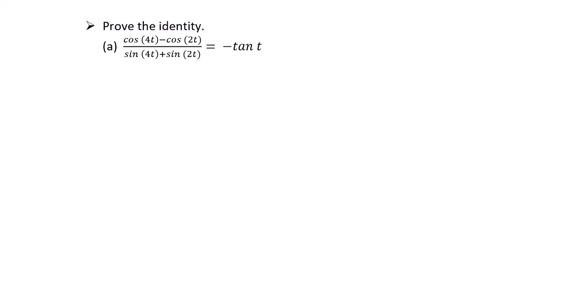Prove the identity. Cosine of 4t minus cosine 2t, all divided by the sine of 4t plus the sine of 2t, equals a negative tangent t. Certainly the left side is more complicated, so we'll go ahead and try and simplify that side. I can use my sum to product property. For my numerator, I can use this identity.